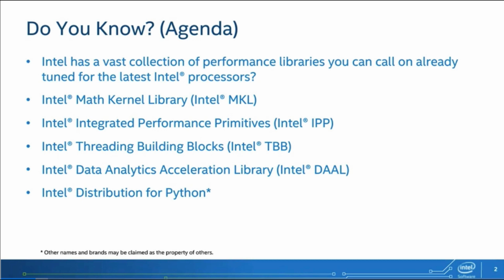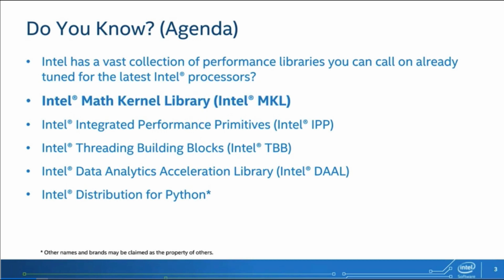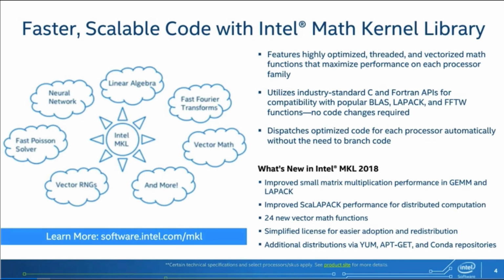Next we will go to Math Kernel Library. In this situation, you have a variety of highly optimized threaded and vectorized math functions that can optimize performance across any processor family that you'd like.